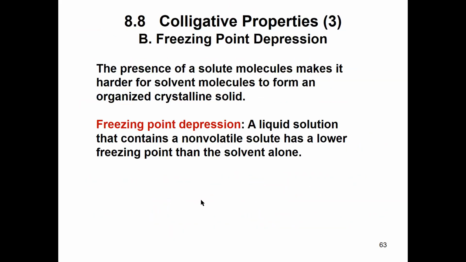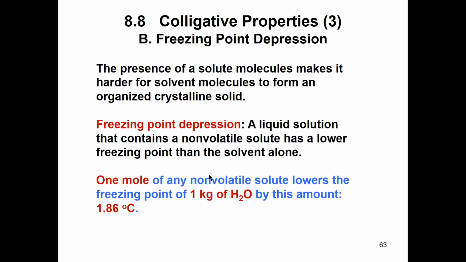Let's look at the freezing point depression. That's decreasing the melting point or freezing point of a solution when you also have solute in there. The freezing point depression is when a liquid solution that contains a non-volatile solute has a lower freezing point than the solvent alone.